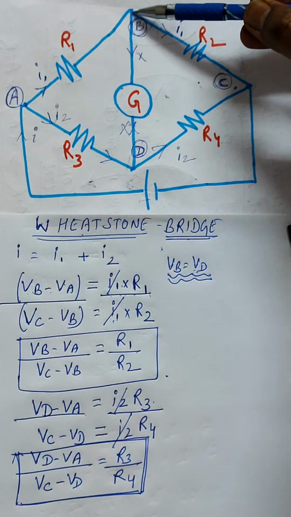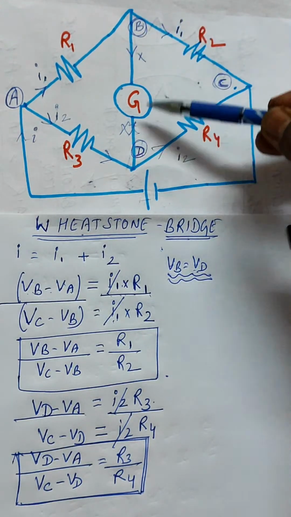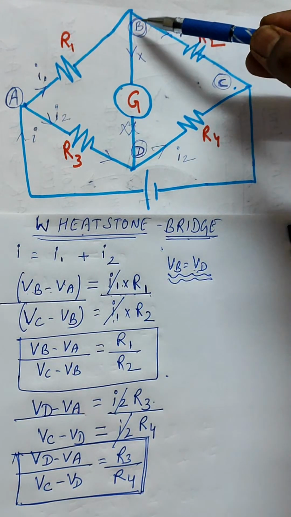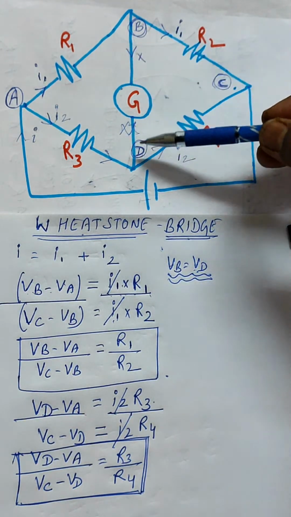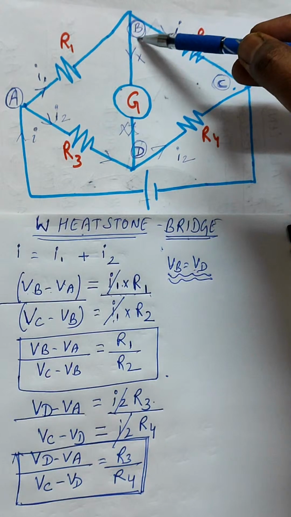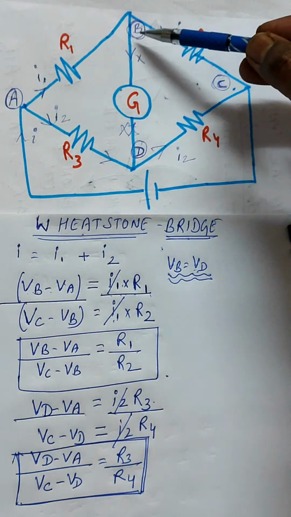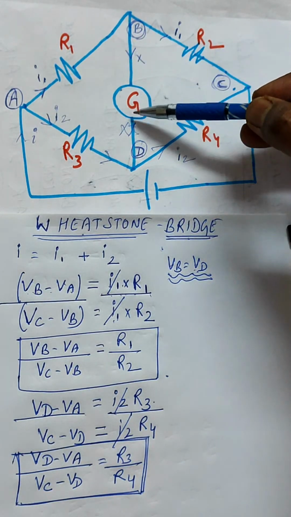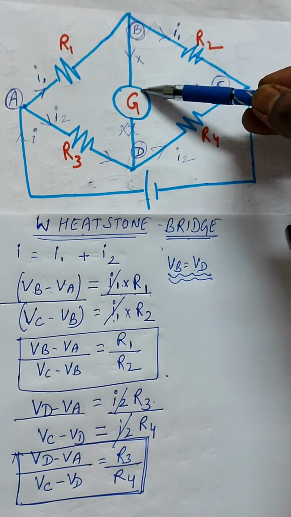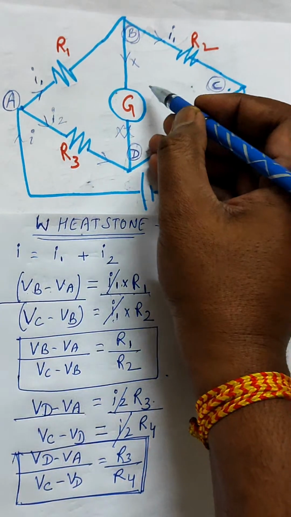The voltage at point B should be equal to the voltage at point D. Only in this condition no current will be flowing through this galvanometer, because only when there is a potential difference will some current flow between any 2 points. So if VB and VD are equal, no current is allowed to flow, because current always flows from higher potential to lower potential. So here there will be no current.